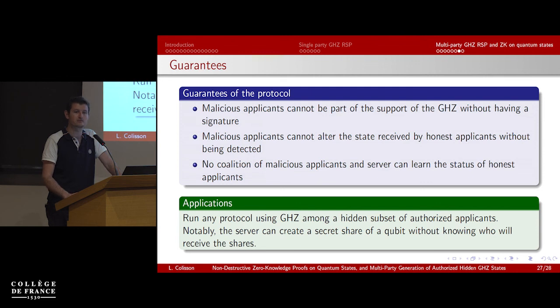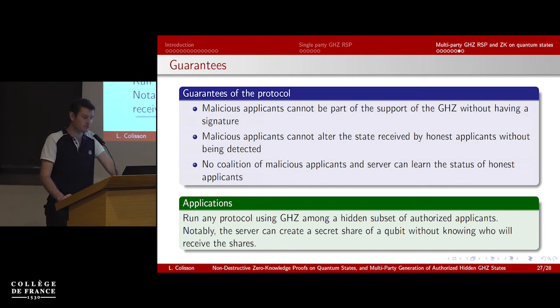So you know that if at some point the state you obtain is not a good one, then Bob actually tampered the state. And even if you have any coalition of malicious clients or applicants, then you can make sure that this adversary can never learn the status of the honest applicant.